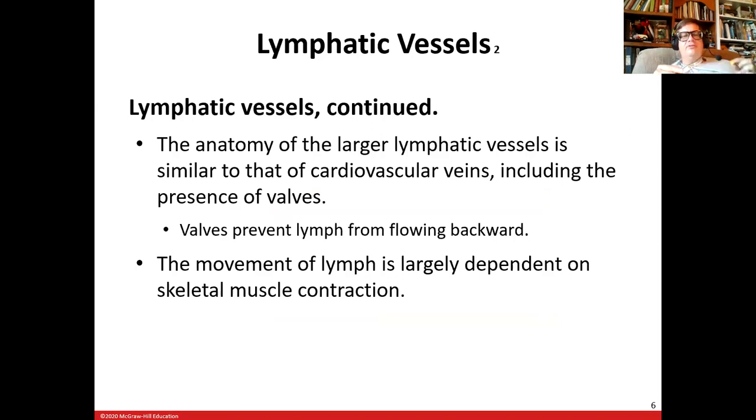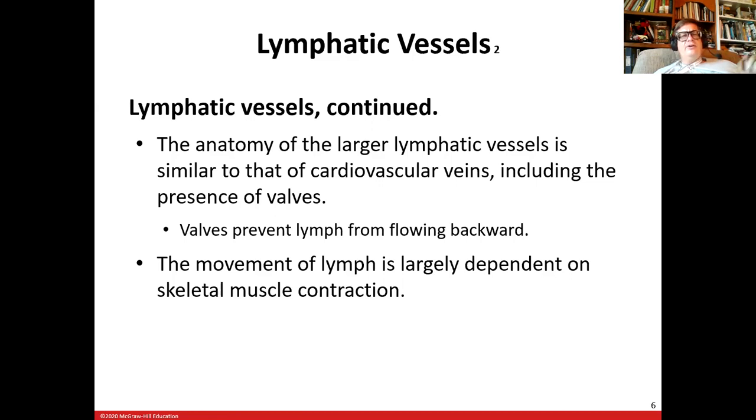And it says the movement of lymph is largely dependent on skeletal muscle contraction. Almost entirely. There is some respiratory pumping, but almost all of it. See, in the circulatory system, blood is moved by the heart.